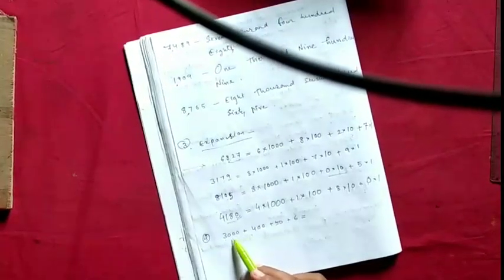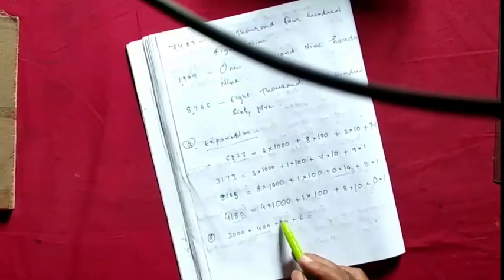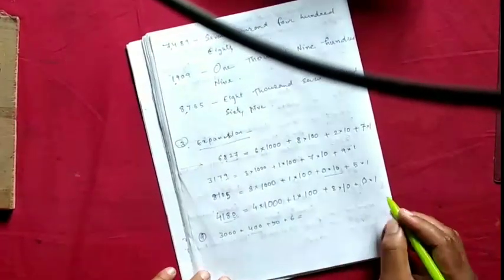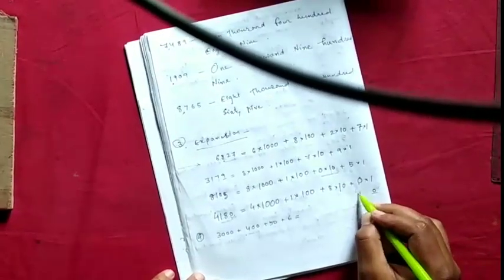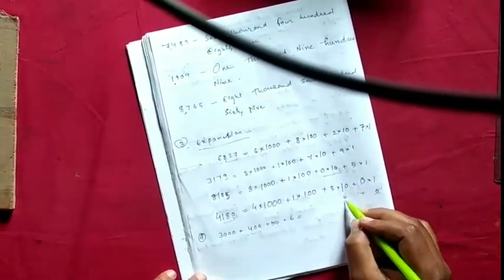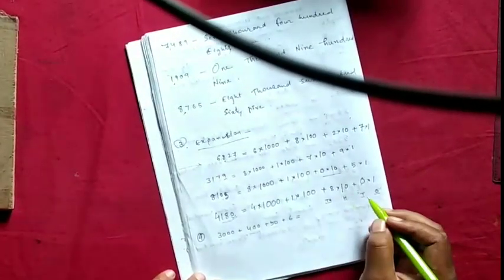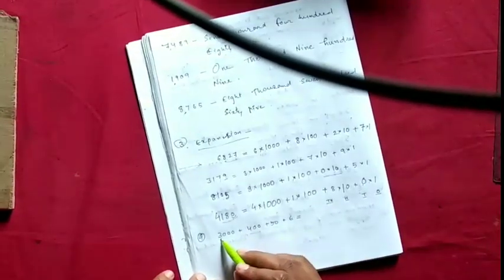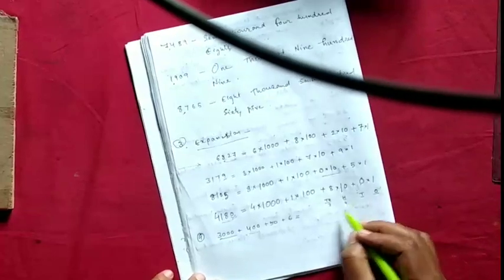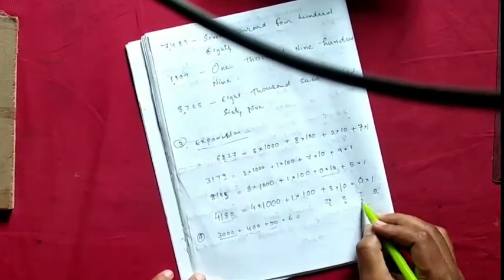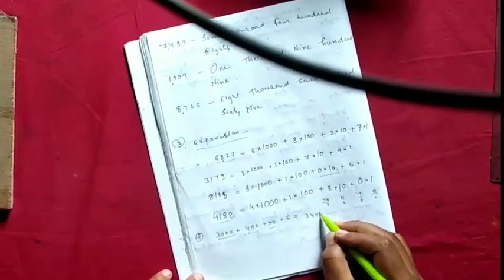How many digits? 1, 2, 3, 4. So 4 digits: thousands place, hundreds place, tens place, ones place. So 3000, 3 in the thousands place; 400, 4 in the hundreds place; 50, 5 in the tens place; 6 in the ones place. So the number is 3456.